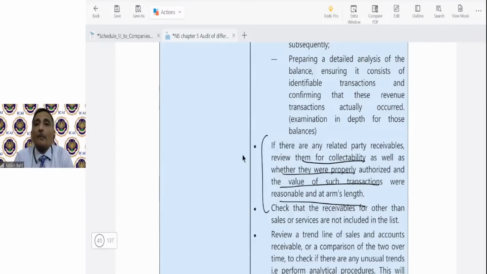But it may so happen that sales transaction with related party has been made just to inflate the sales, and the money has not come. So obviously these things will be a pointer to the fact that related party transactions, that trade receivables generated out of related party transactions may not be genuine. Okay.